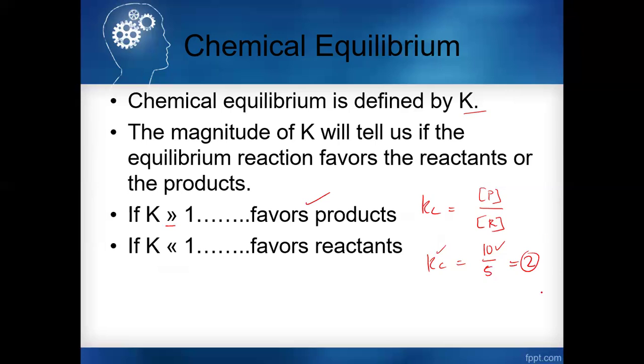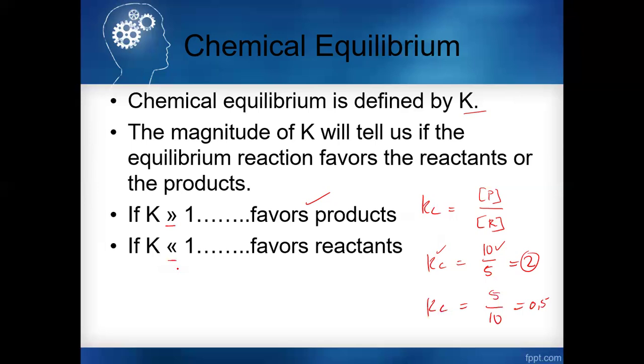But if we have more reactants than product, let's say the product is now 5 and the reactant is now 10, what is 5 divided by 10? It's going to be 0.5, and 0.5 is a value that is less than 1. You know why? Because we have more reactants.